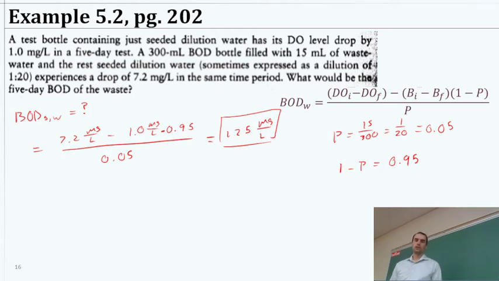Okay, so the question is, where does the 5-day come in? When we measure BOD, as a shorthand, when we say BOD we normally just assume that's BOD 5. We're going to talk in a moment about a couple of cases where we might want to calculate BOD after 3 days or 8 days, how much is remaining in the system.